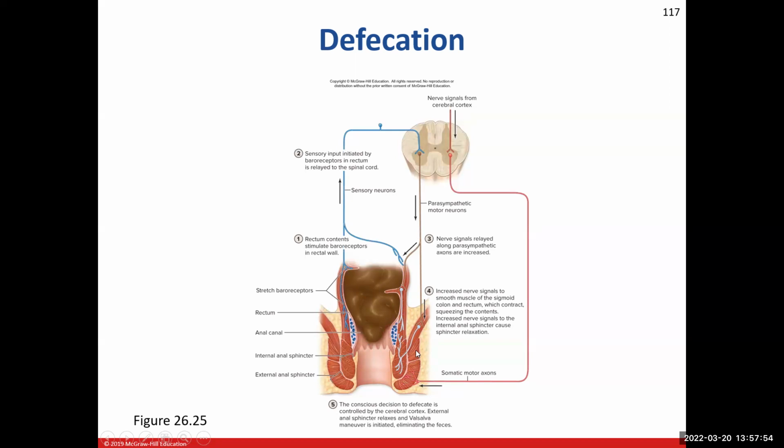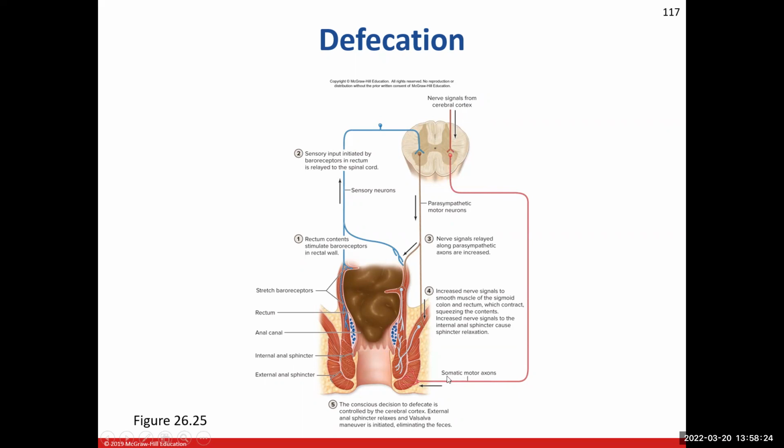Now, as long as you have adequate voluntary control over the external anal sphincter, you should not have a bowel movement. You should not be defecating. Now we're going to recruit your cerebral cortex. We're going to bring in your frontal lobe, and we are going to recruit the brain here. So nerve signals coming down from the cerebral cortex will then stimulate somatic motor neurons.